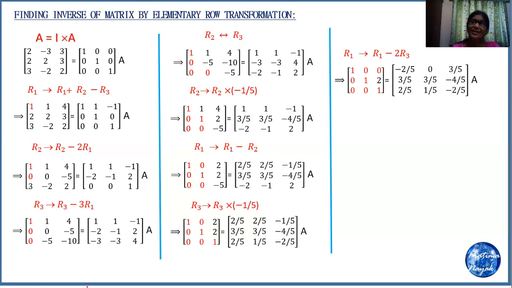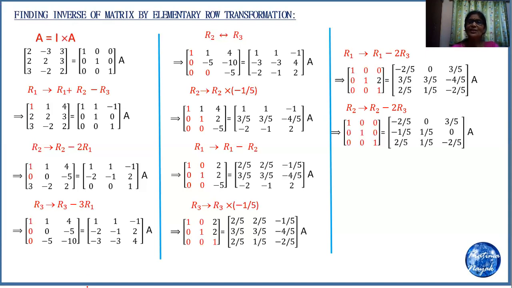Now coming to the last step, because only 2 is left. Now think, yes, again we will involve R3. So it will be R2 is equal to R2 minus 2R3. R2 is equal to R2 minus 2 times R3. That's 2 into 1, 2. 2 minus 2 is equal to 0. So what is the result?